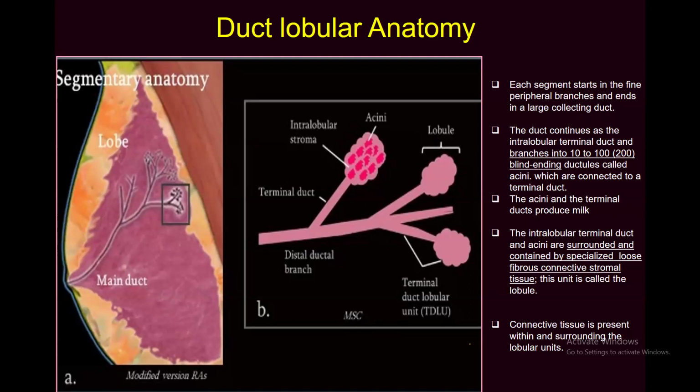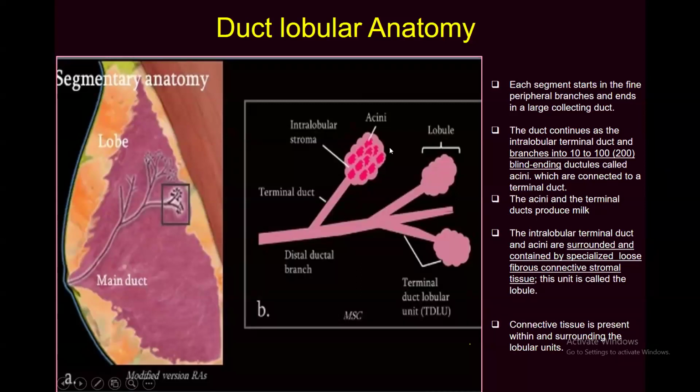And as we mentioned before, we have about 15 to 20 lobes, and each lobe contains about 20 to 40 lobules, you see? And within the lobule, there are numerous acini.